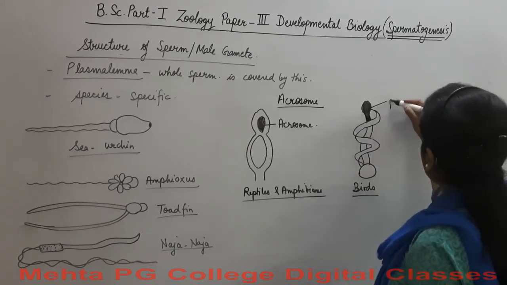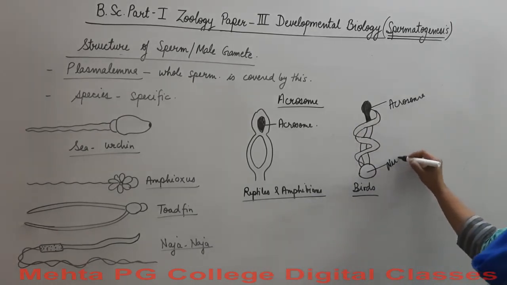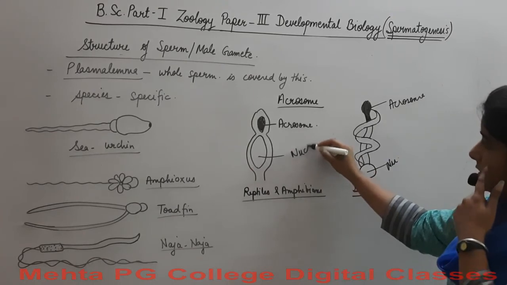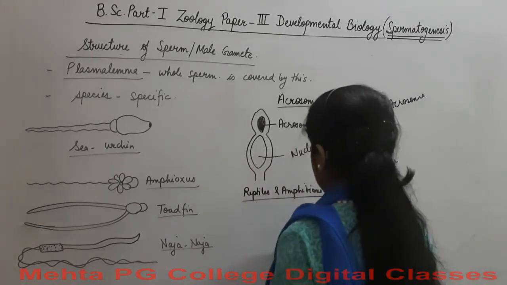This whole region is the acrosome region and this is the nucleus. This is also the nucleus here. So the structure is very much different as observed.